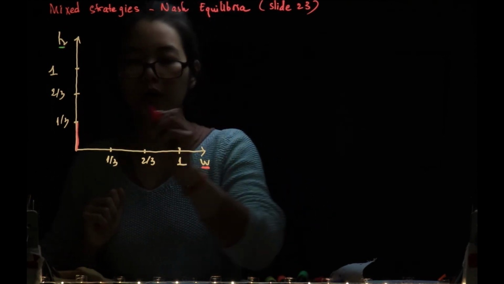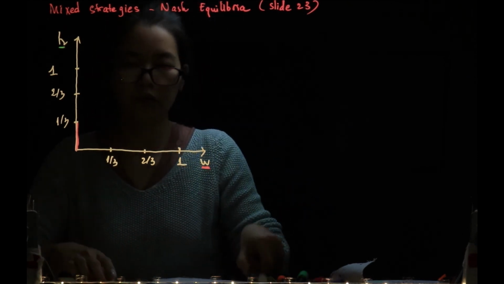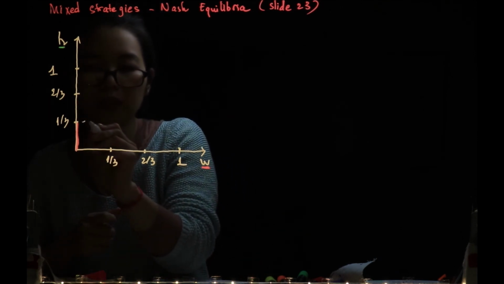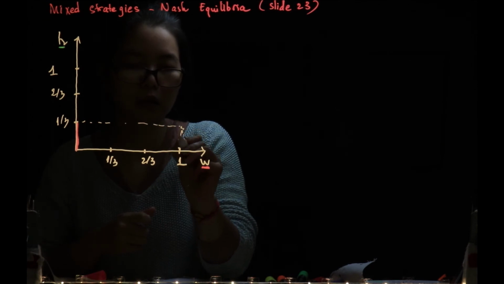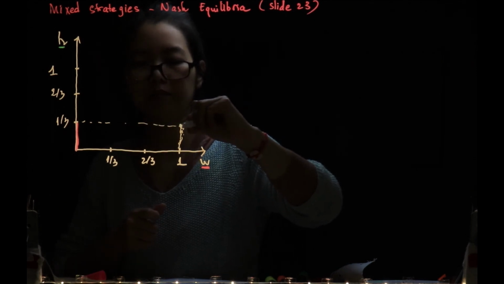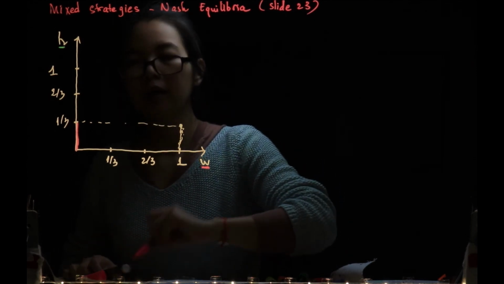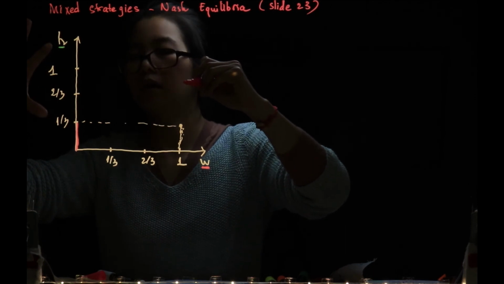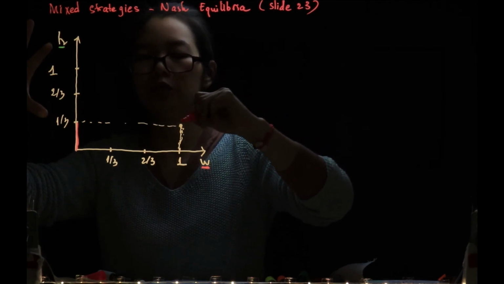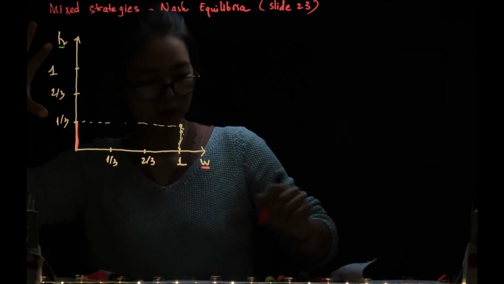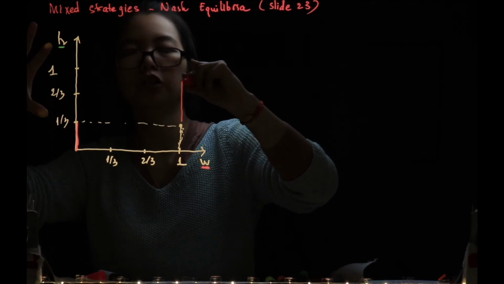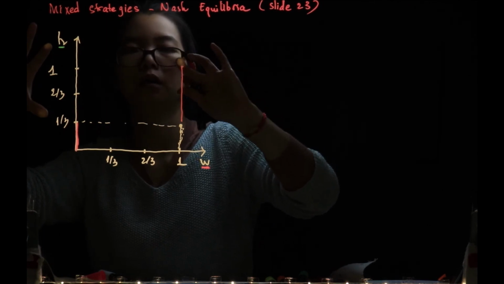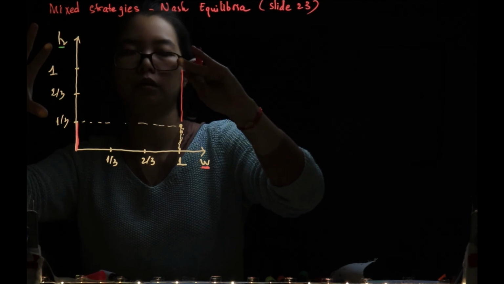Let's navigate it a bit. Starting from here, at this part, she will set it as large as possible, always 1 when H is larger than 1/3.